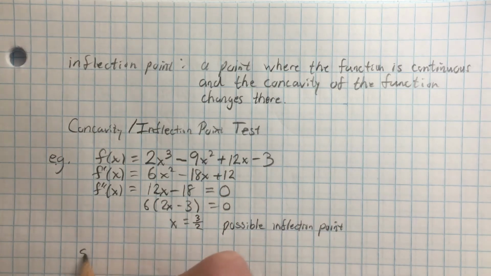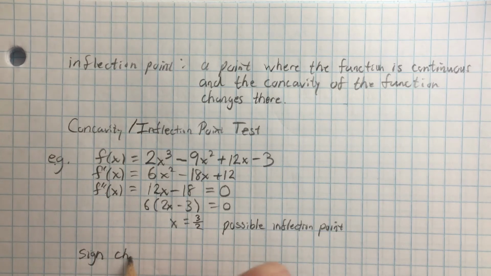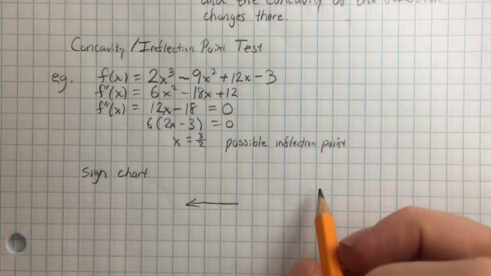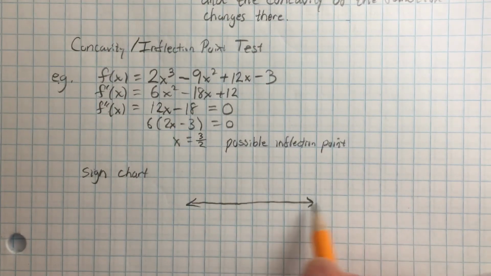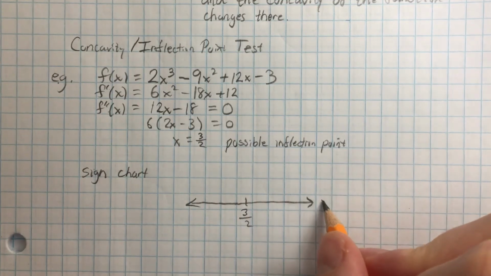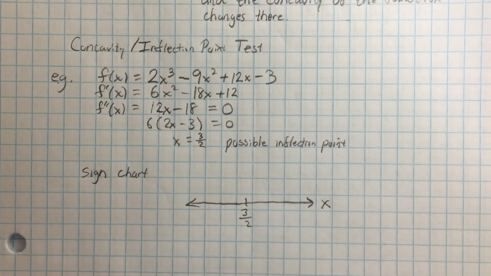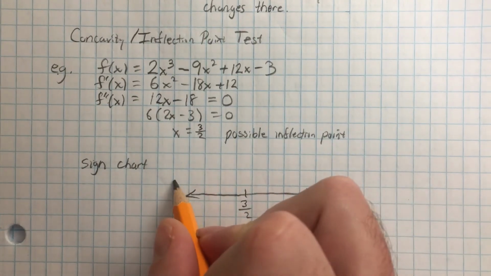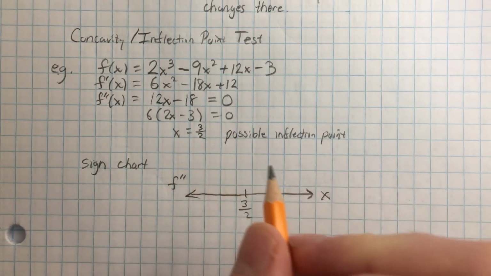So now I'm going to make a sign chart just like for a first derivative test, but it's not a first derivative test, it's a test for concavity. So something like this. Only have one number to put on here, 3/2. Again, this is basically the x-axis for the function, right? Just a modified version. And I want to know only about the second derivative in this case.